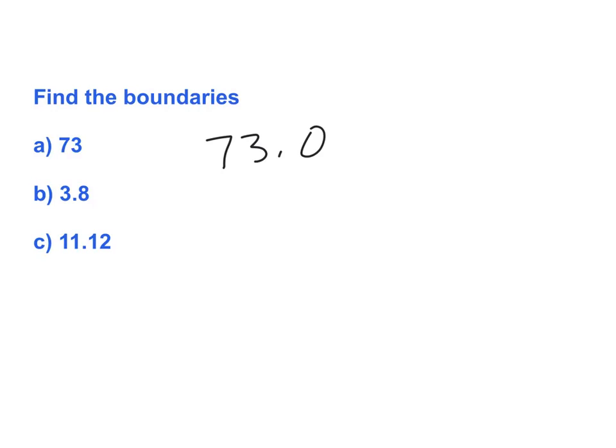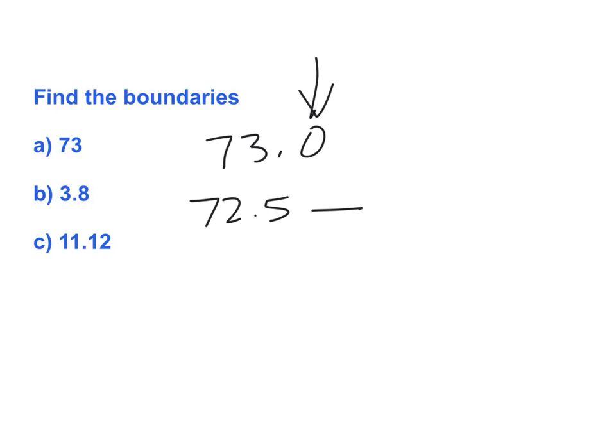So you want to think of a number that has the 10th decimal place. What is the smallest number that rounds up to 73 with a 10th of the decimal place? 72.5. That is my lower boundary. That is the smallest number with one decimal place that will round up to 73.